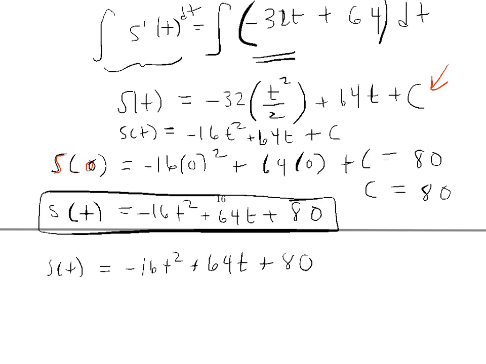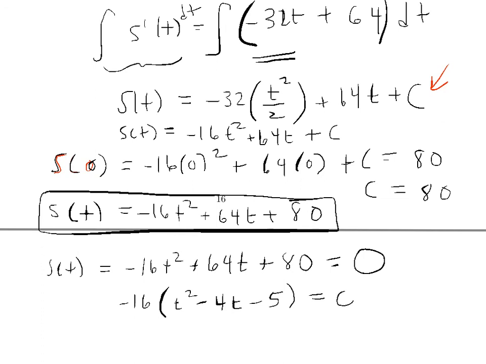Okay, so this is really an Algebra 2 question. One way to do it is to factor. First we can factor out a negative 16, and then we're left with t squared minus 4t minus 5.